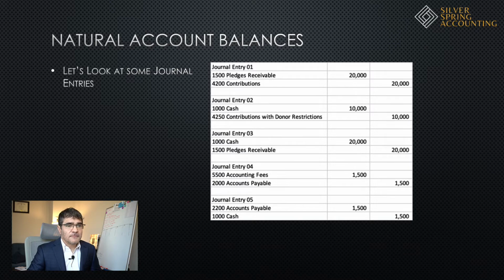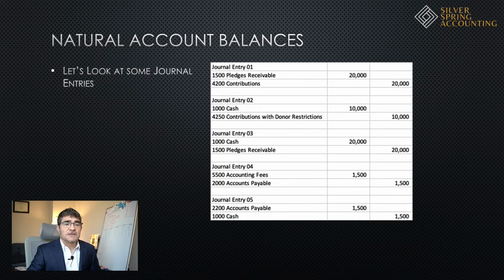We'll talk about this a little bit later, but what you should be doing is waiting until the end of the close, whether you close your books monthly or quarterly. That's when you make an adjustment to net assets.